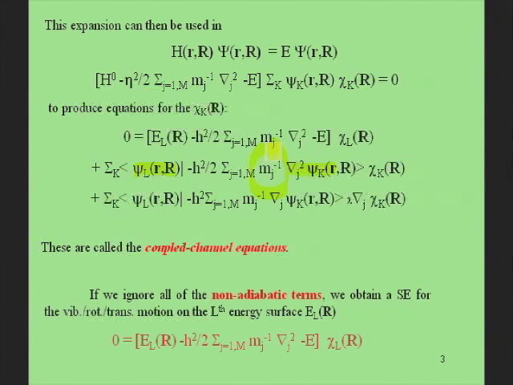Up there in H0, there was a term involving psi L, minus h bar squared over 2 times mass of electron, del squared for electron J, psi K. That gave rise to the terms in this EL. But those terms are different because they involve 1 over mass of electron, whereas this involves 1 over mass of each nucleus.